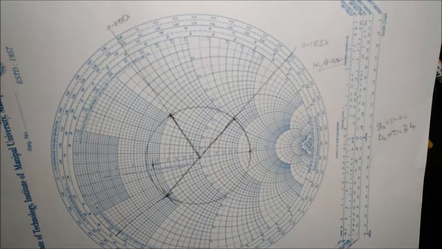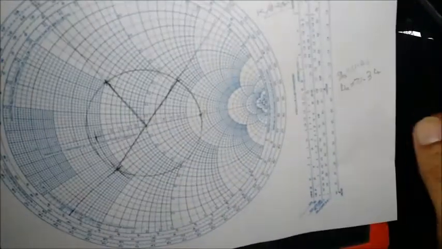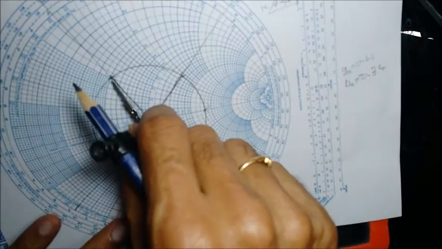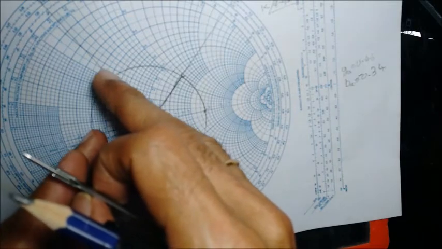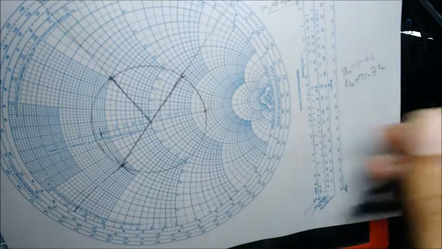So we have to find out the position of the first E min, where the line impedance becomes R min the first time when we move away from the load towards the source.